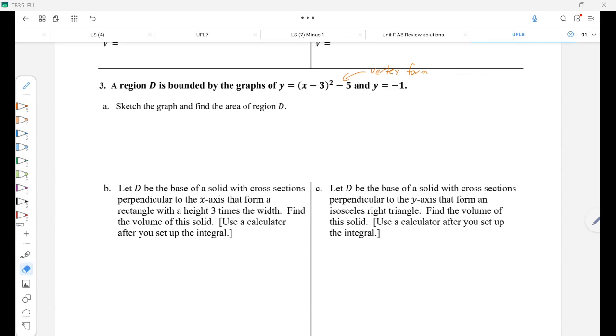Vertex form is y equals (x minus h) squared plus k. Oh, I've seen that before, right? Yeah. So what's the vertex of our parabola? It is 3 positive, negative 5 negative. It is x minus h.